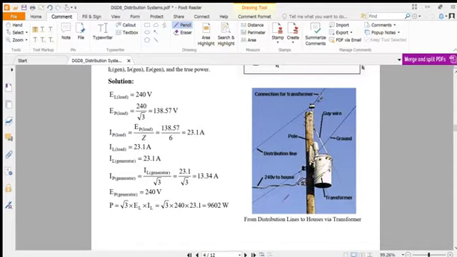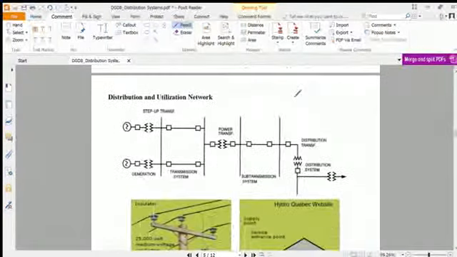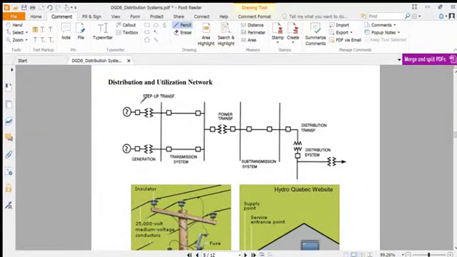It's a single phase step down transformer. That will connect it to the phase line. So now we'll focus on more details on the distribution and utilization.